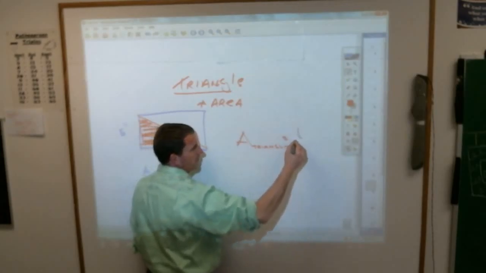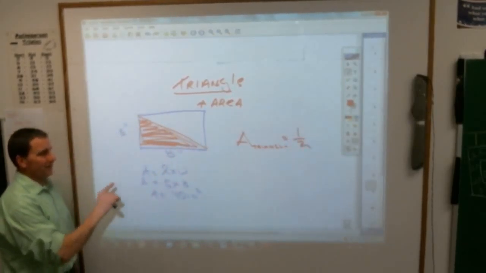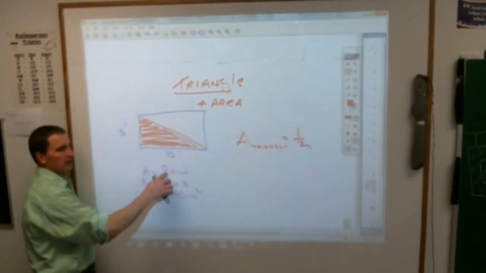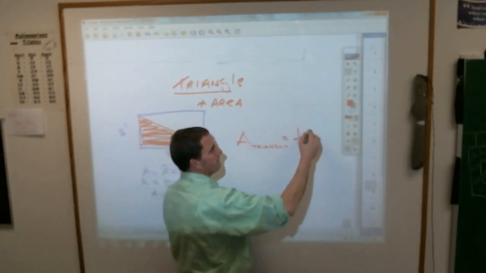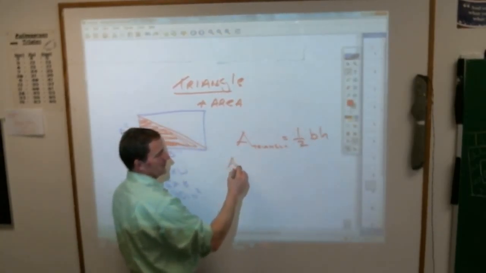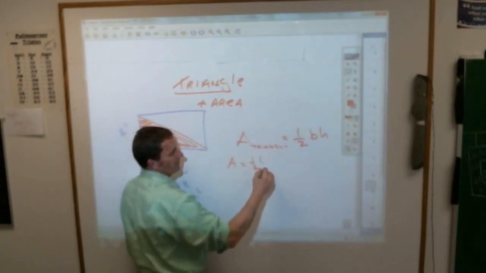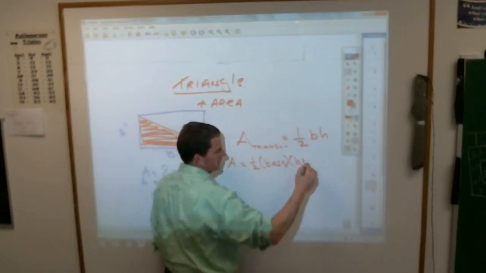Area of a triangle, I write triangle small here, equals 1/2. When we do triangles we don't use L and W, we use B and H, which stand for the base times the height. Area equals 1/2 the base times the height.